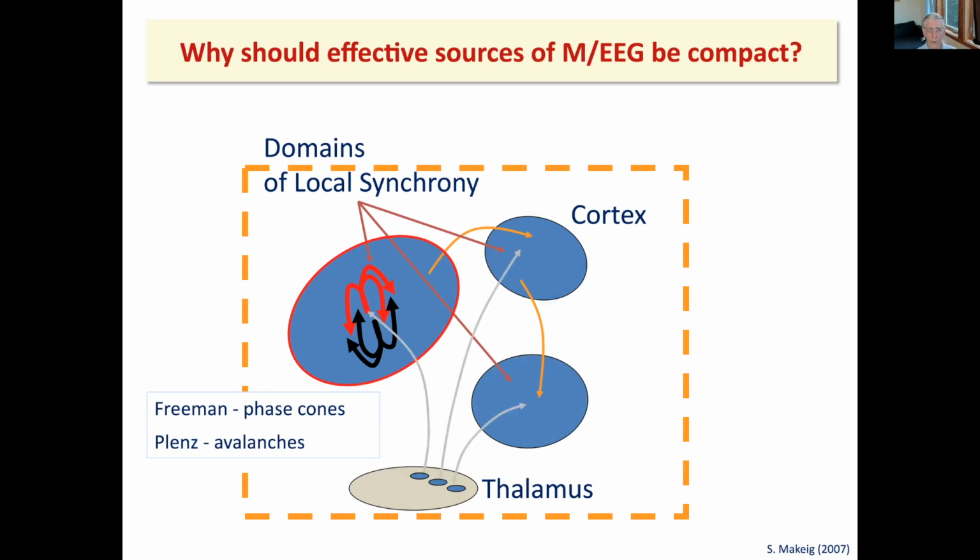Furthermore, the thalamic cortical loops, which are known to be important in sustaining oscillatory behavior, are primarily thin and vertical, radial. These two physiological facts alone mean that domains of local synchrony, if and when they arise in cortex, should mainly have no phase coupling between them.